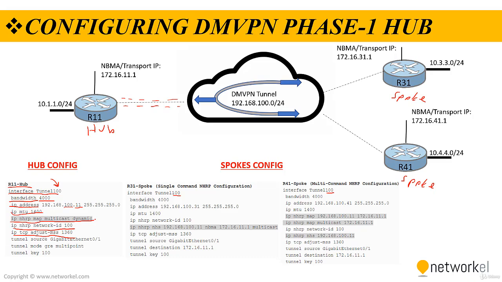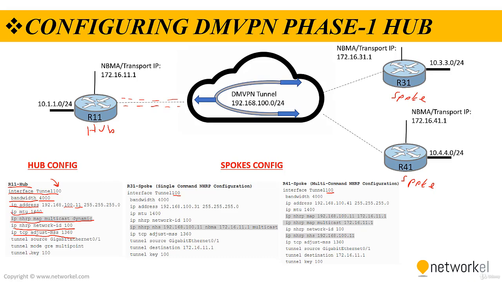Guys, NHRP provides a mapping service of the protocol tunnel IP address to the NBMA transport address for multicast packets too. In order to support multicast or routing protocols that use multicast, this must be enabled on DMVPN hub routers with the tunnel command ip nhrp map multicast dynamic.